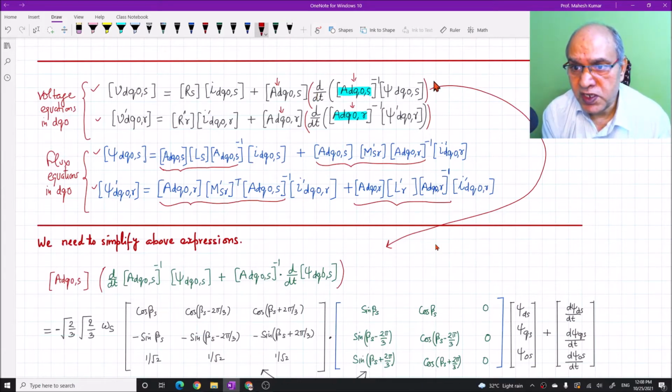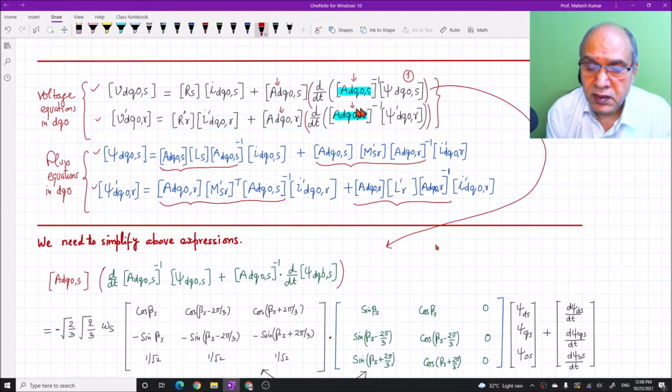In these two expressions, let us first take the first one, the whole expression for v_dq0s. In that expression, the second term is A_dq0s d/dt of this, and d/dt of the A matrix, or simply As.